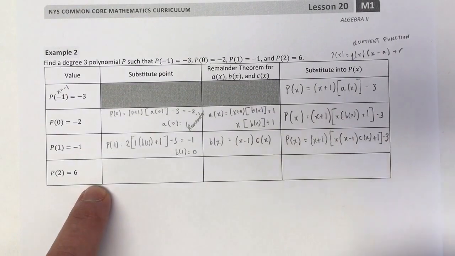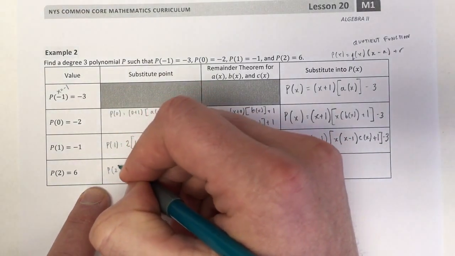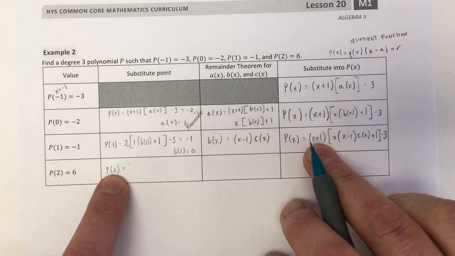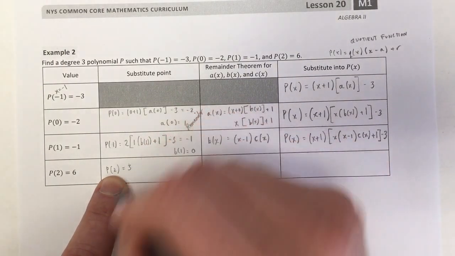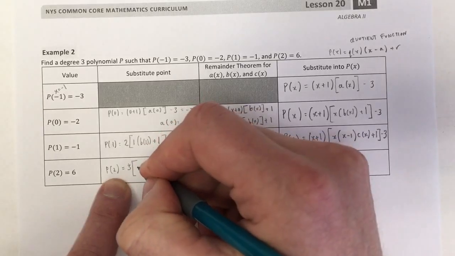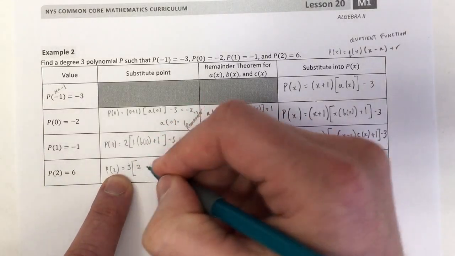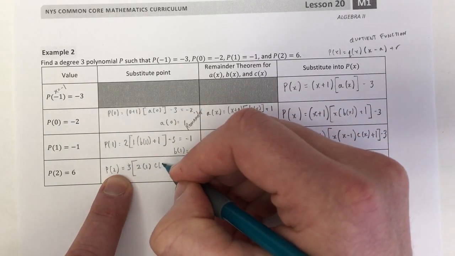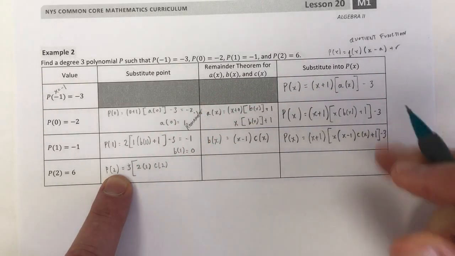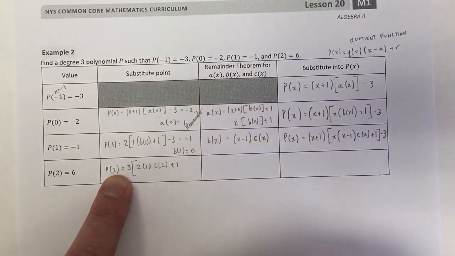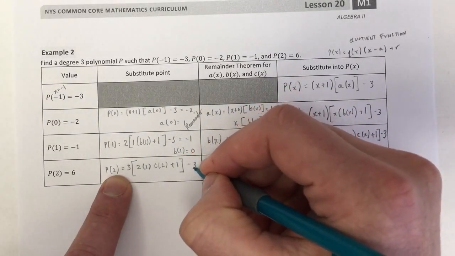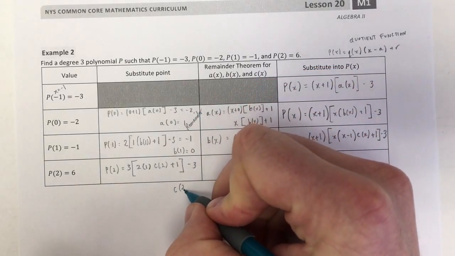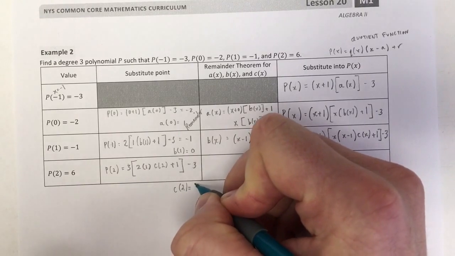And we can do it one final time. So p of 2 equals, so 2 into here is 2 plus 1 is 3, times 2 times 2 minus 1 times c of 2 plus 1, minus 3. When I get done solving all of this, you'll get c of 2 is equal to 1.